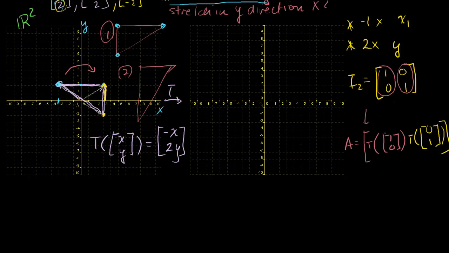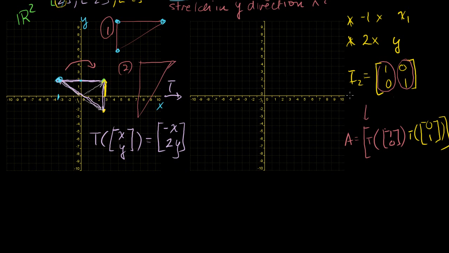And so what are these equal to? A is equal to, what's the transformation of 1, 0, where x is 1? Well, we just take the minus of the x term, so we get -1, and then 2 times the y term. So 2 times 0 is just 0. Now do the second term. The minus of the 0 term is just 0, and then you multiply 2 times the y term.